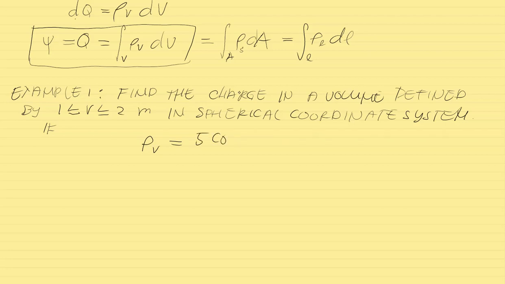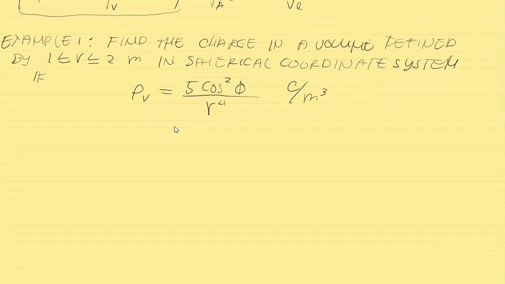It's not a constant, it's a varying volume charge density. The unit for this one is coulomb per cubic meter, in spherical coordinate system.